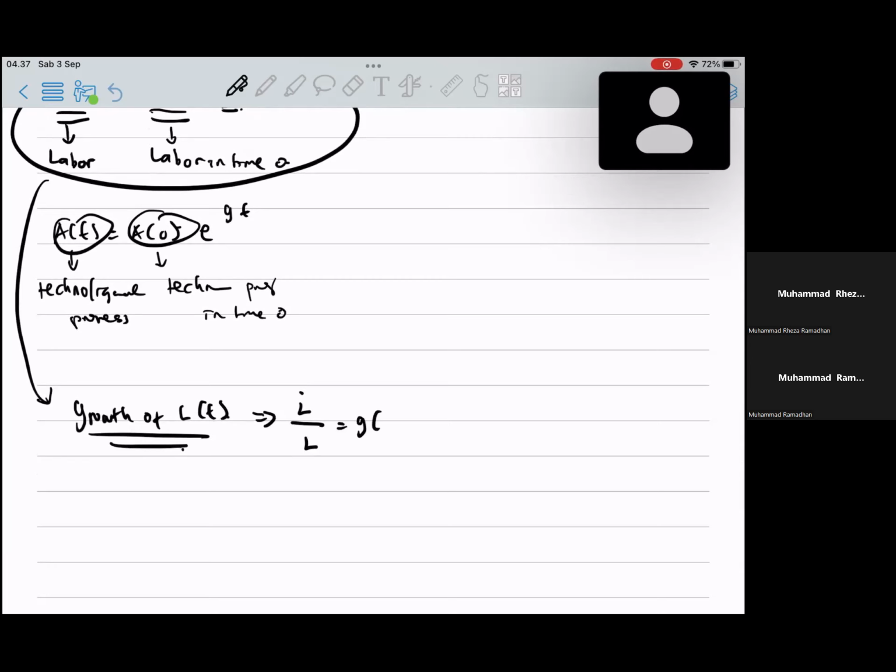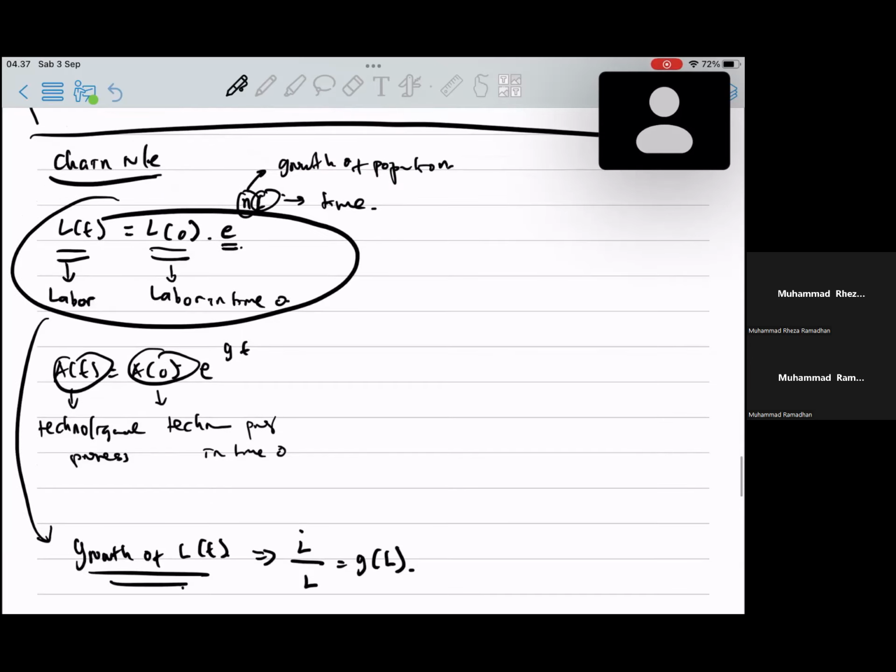This is the same as the growth of L. So you can use the chain rule to find this. How to derive this? First, you have to transform this equation to log form. There is something that I have described in the first session of this tutorial.